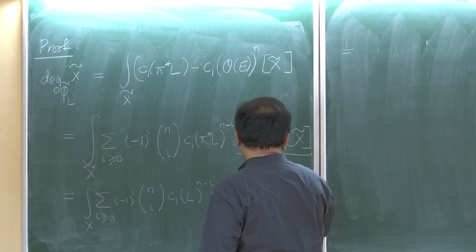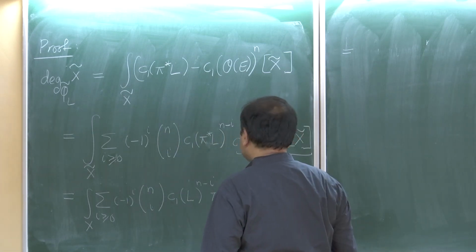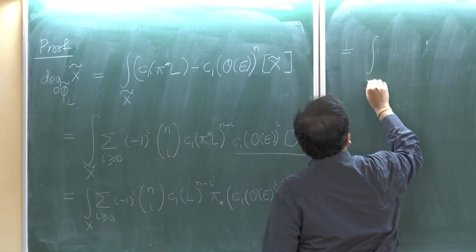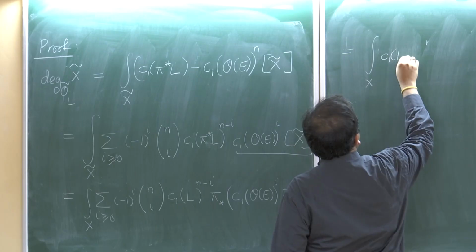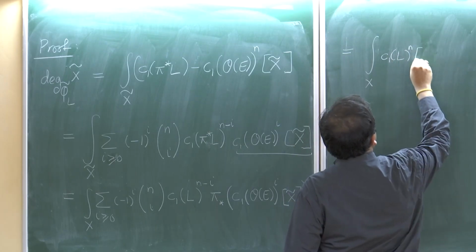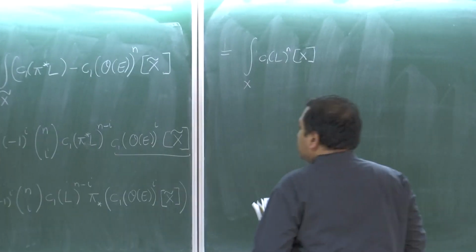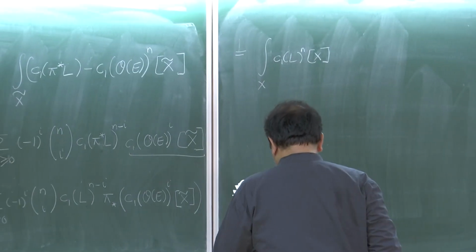This will not be there, and I will just have x, right? So I will separate out that term. So the integral over x of C1L to the n of x.